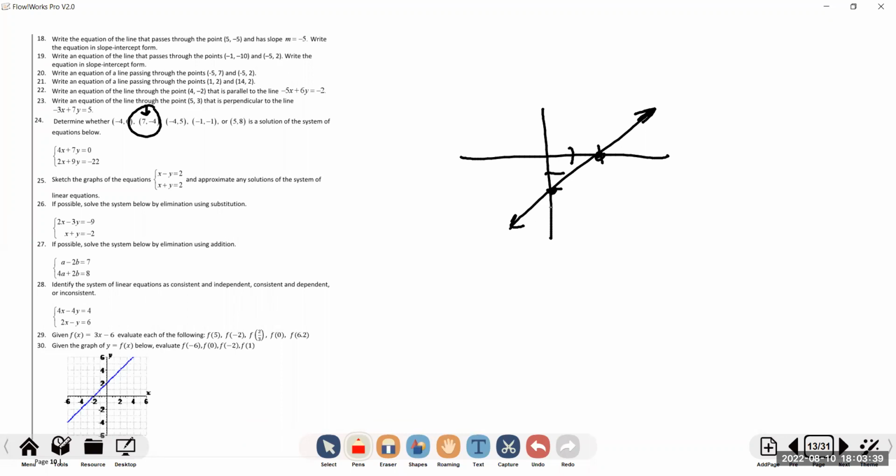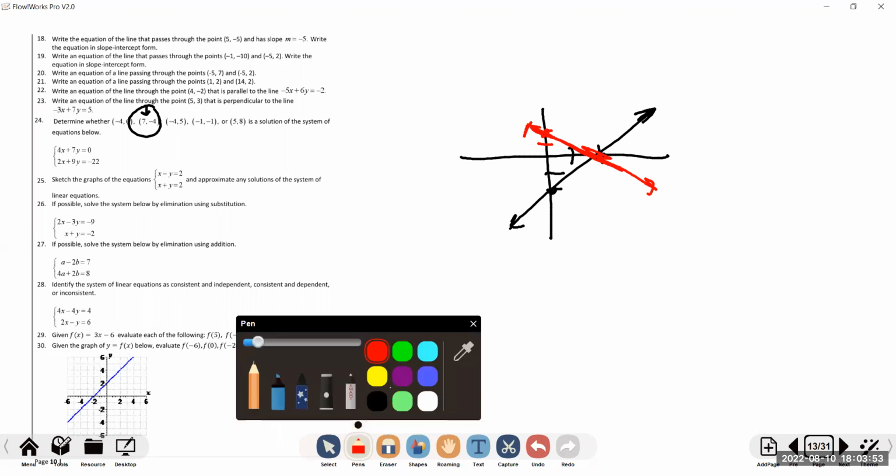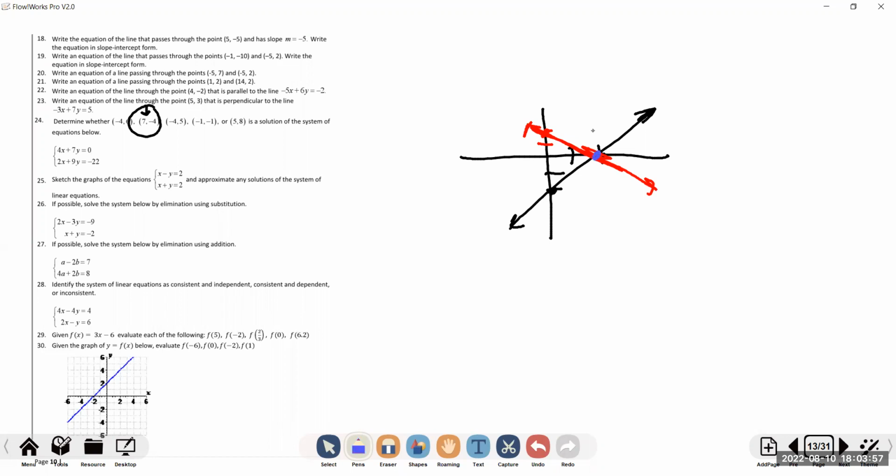When x is 0, y is 2. When y is 0, x is 2. And we have the point where the black and red lines are the same right there at (2, 0).